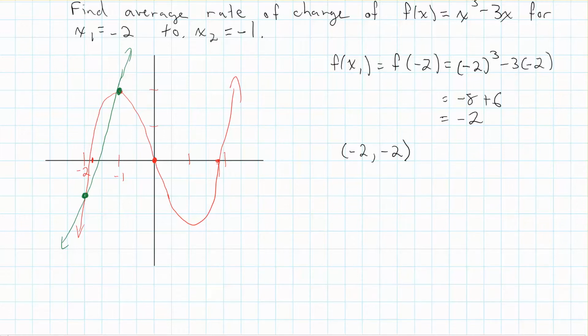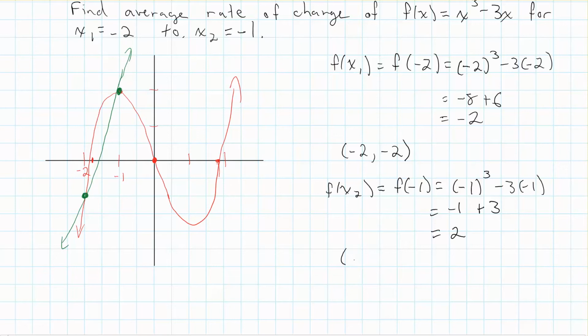And then we also have on the graph f at x2, which is equal to f at -1, which is -1 cubed minus 3 times -1, which is -1 plus 3, which is 2. And so this point would be -1, comma 2.